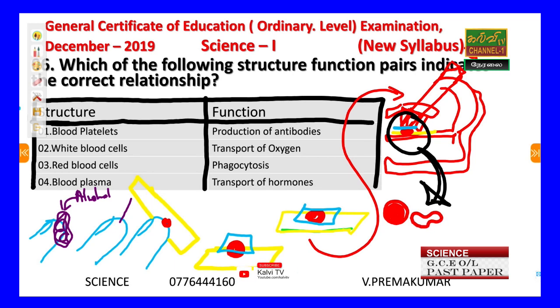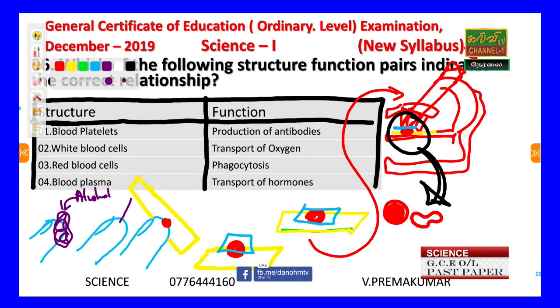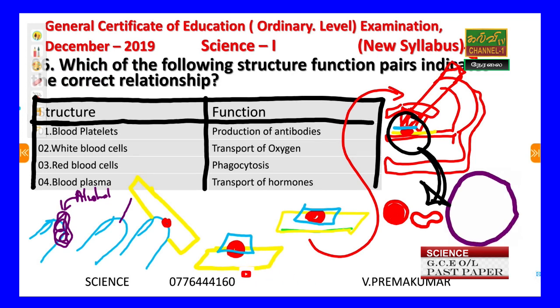Not only red blood cells, you can find another cell, that is white blood cells. Actually that is a little bit bigger in size than the red blood cells. This is white blood cells.